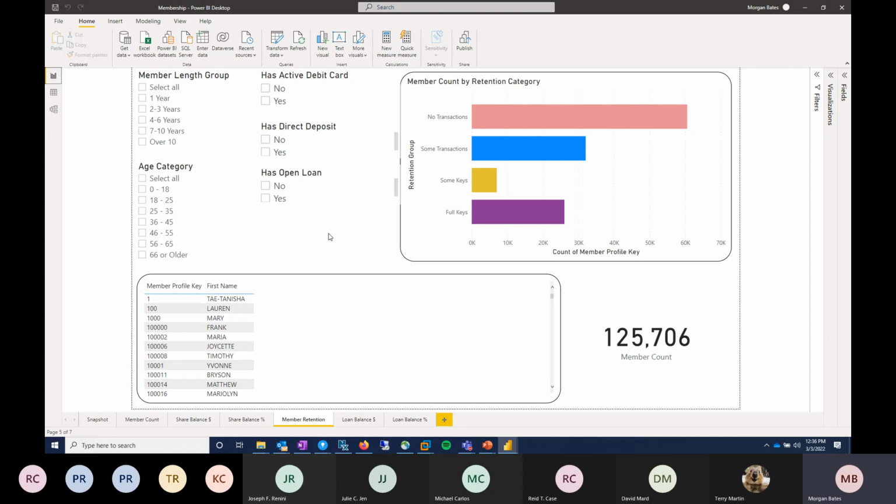By the time you file the paperwork and everything flows through, you may be 30, 45 days out from the time they made a decision to move their deposit somewhere else. You have long since missed the window to keep that member, and all you've done is irritate them by finally showing up a month later. So even though the model was technically accurate, it didn't do the thing you wanted, which was to keep the member in the first place.